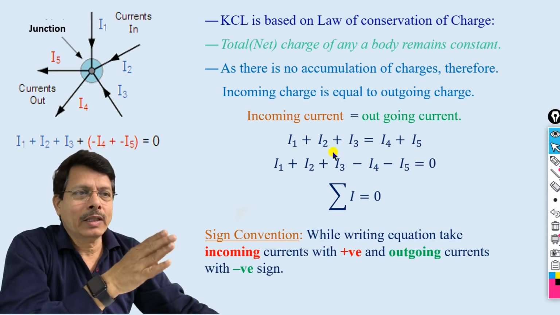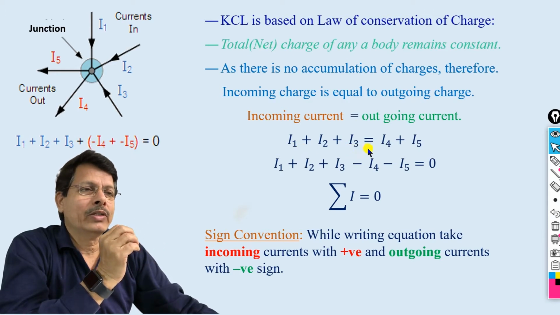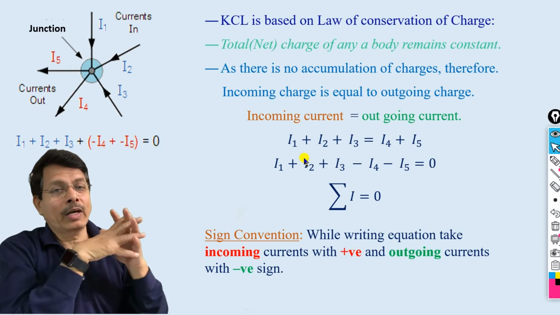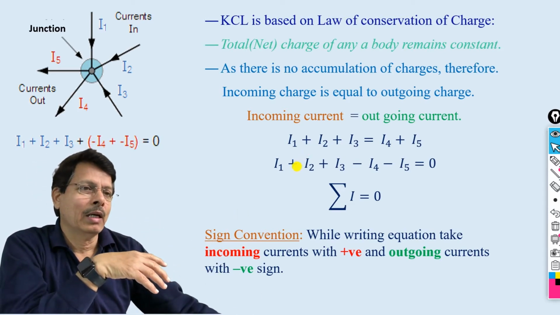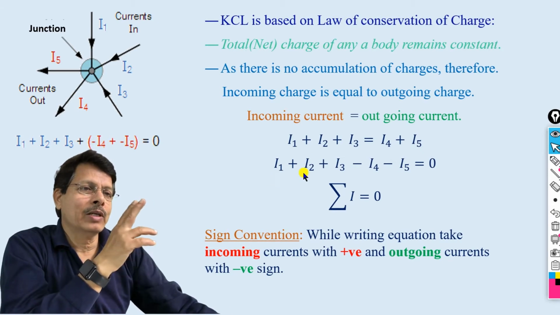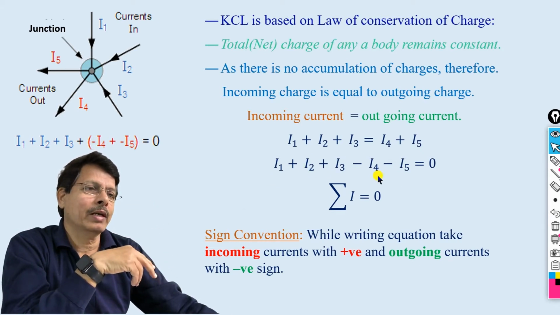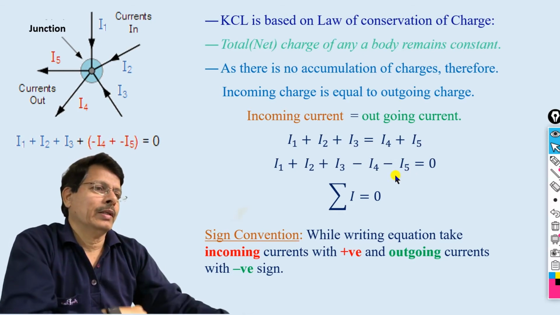Now see, I have taken approaching currents with positive signs on the left hand side and the leaving currents on the right hand side, and if I bring all these terms together on the left hand side, see how it looks: I1 plus I2 plus I3 minus I4 minus I5.